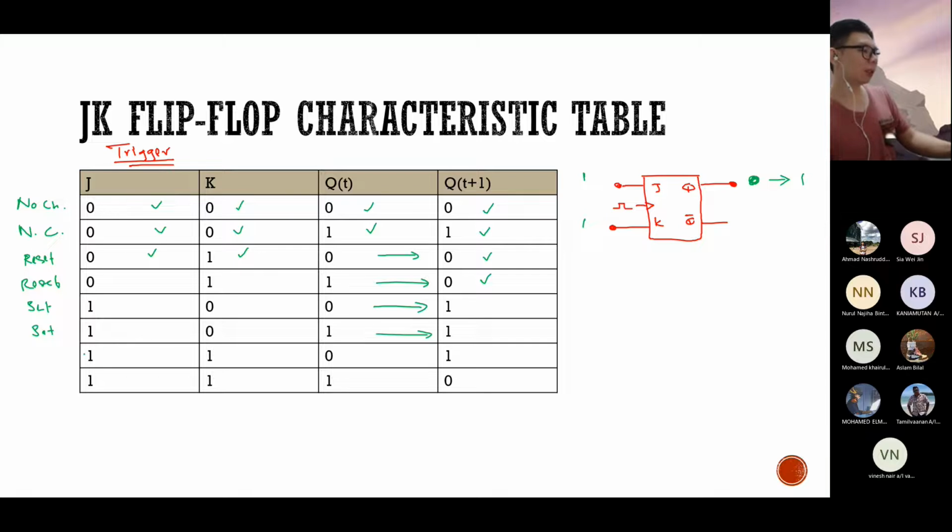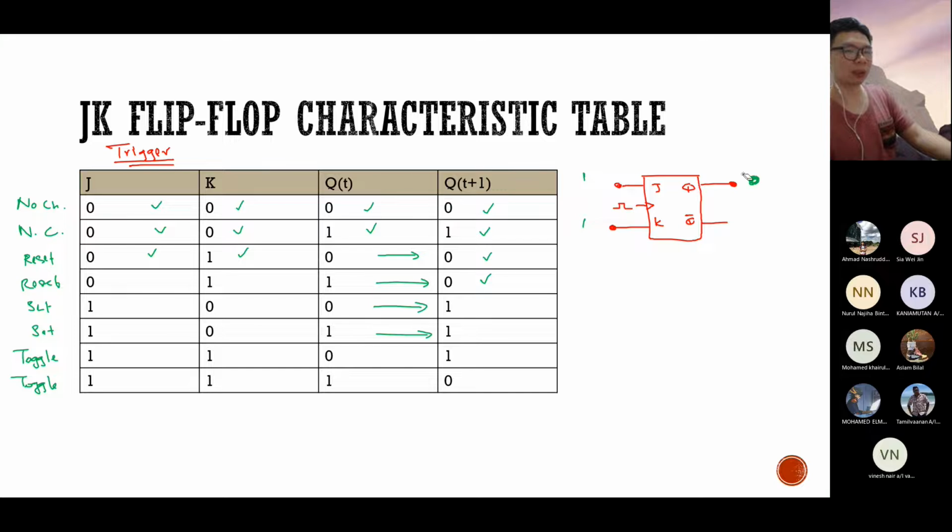Because you put 1, 1 into a JK flip-flop, this makes your flip-flop go into a toggle mode. Toggle mode says that whatever the output is, it's just going to flip that output. So if your current output is 0, it's going to flip it into a 1. Similarly, if your current output is 1, it's going to flip it into a 0.